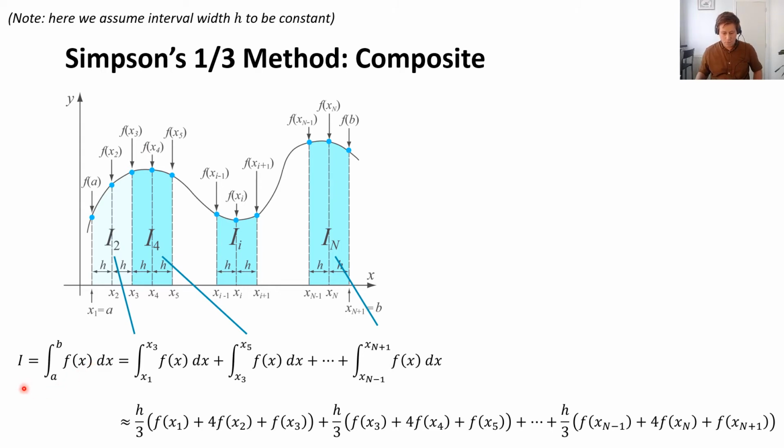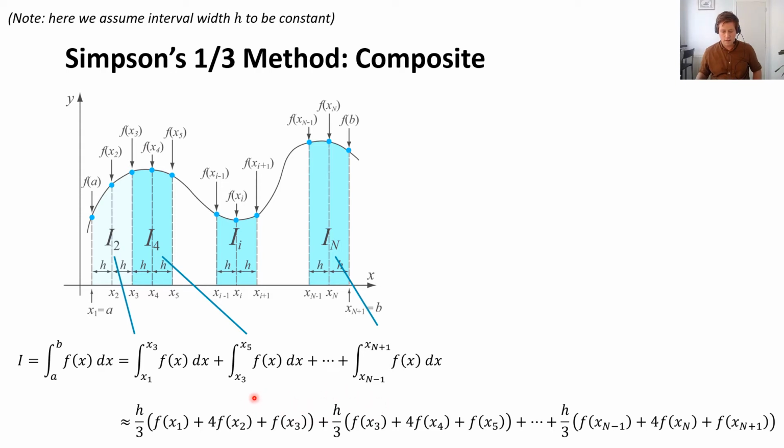Now, we want to try and simplify this formula a bit, because we see that quite a lot of the function evaluations come back. So for example, here we see that f evaluated at x3 comes back in multiple terms.